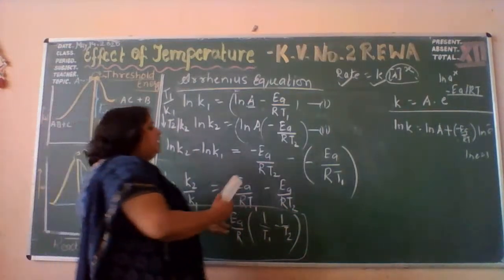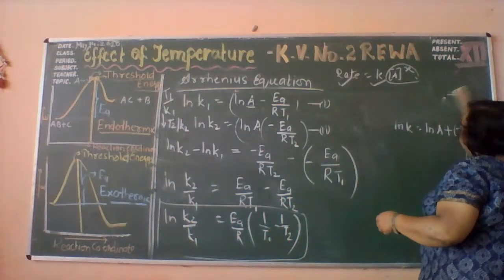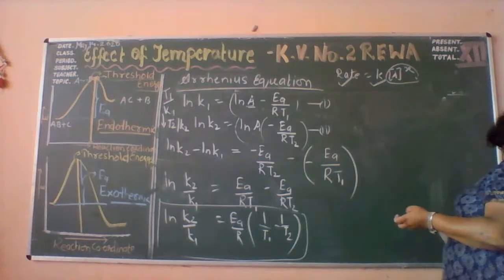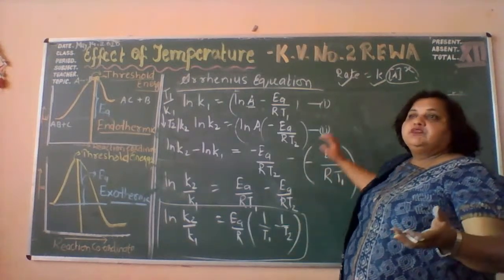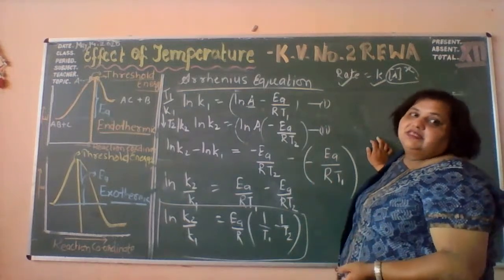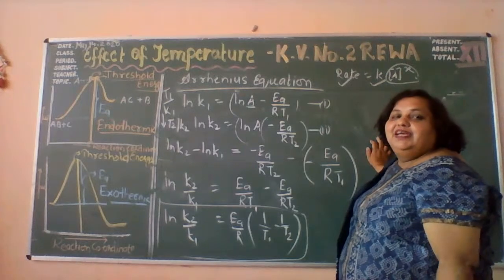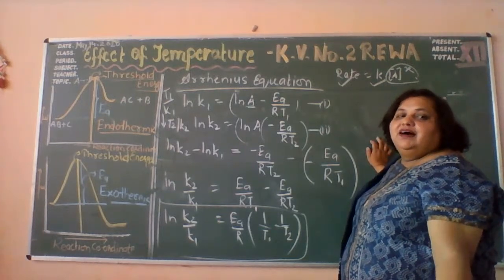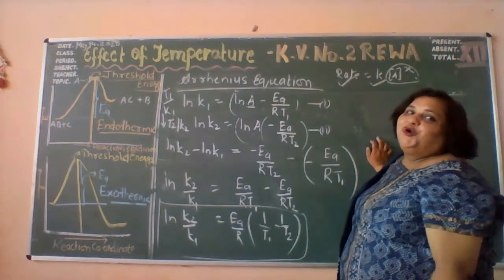I'm just going to make it more simple. One more step ahead, I'm going to make it simple. If you have 1 by A minus 1 by B, you cannot write it as A minus B. For that you need the LCM, right? Primary classes, please do remember 1 upon 5 minus 1 upon 2.